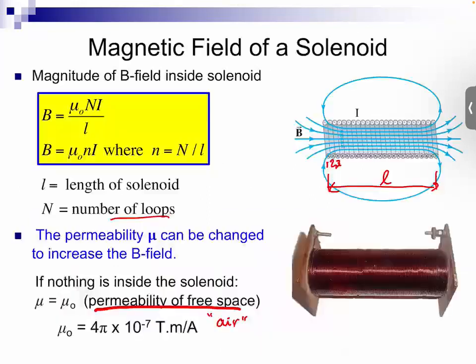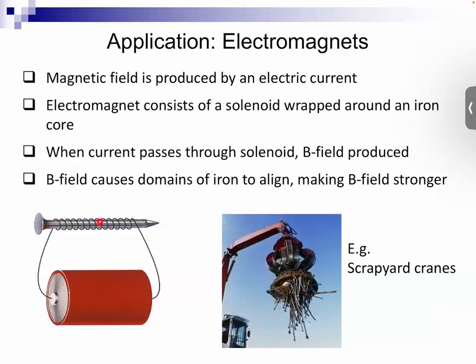The iron core has a particular permeability mu that is very high. It's higher than the permeability of free space. So you are essentially increasing the magnetic field that's created by your solenoid once current is flowing through it. Okay.